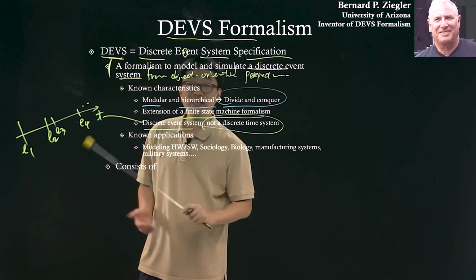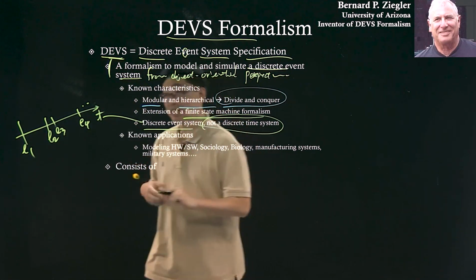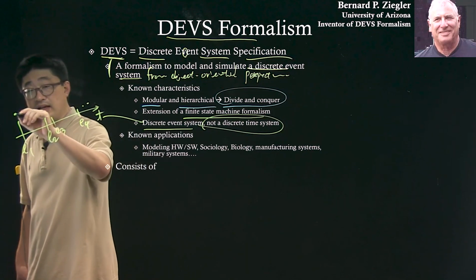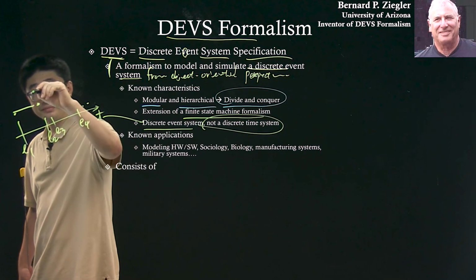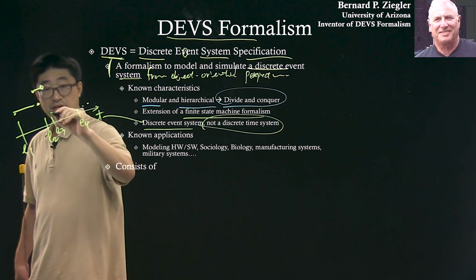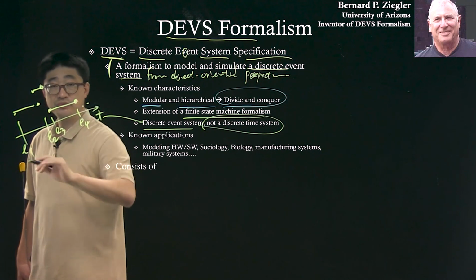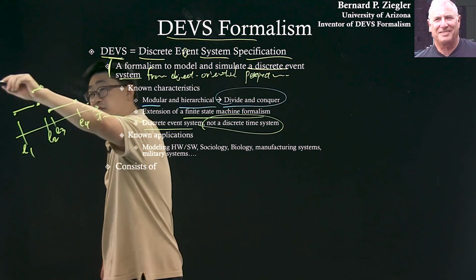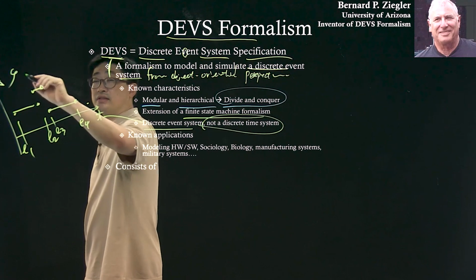So the discrete event system specifies the event at any given moment, and at any given moment, the event will change what? The state.